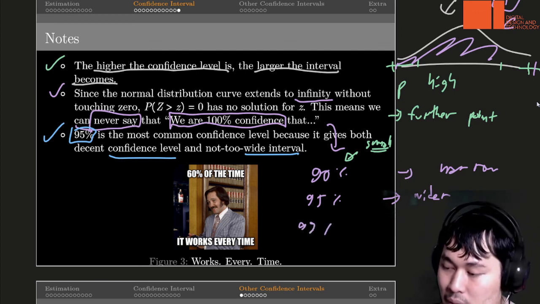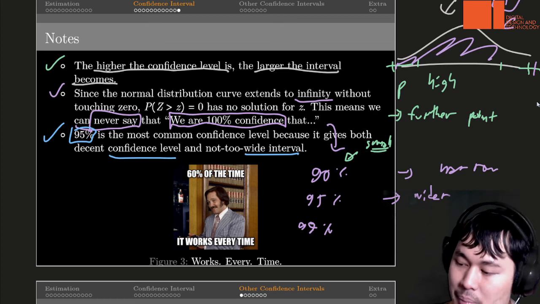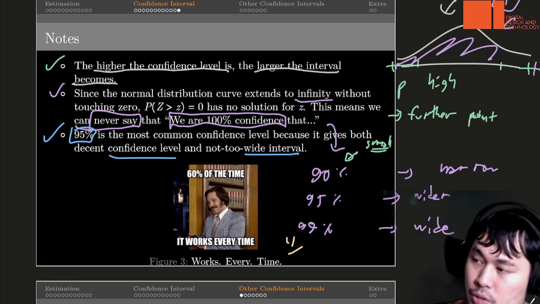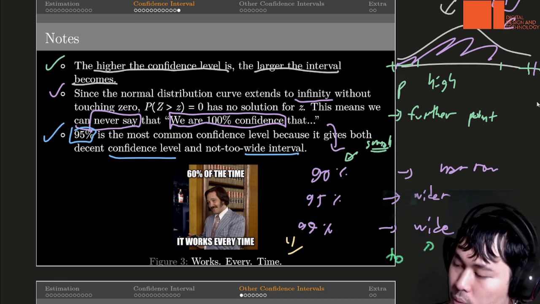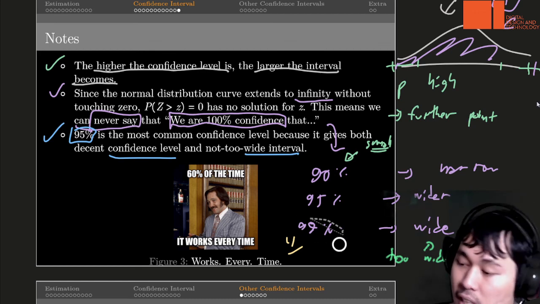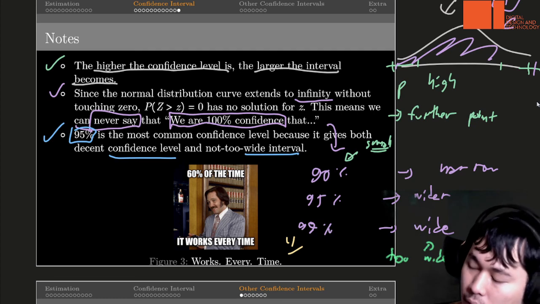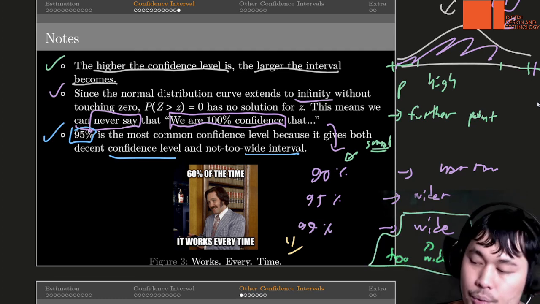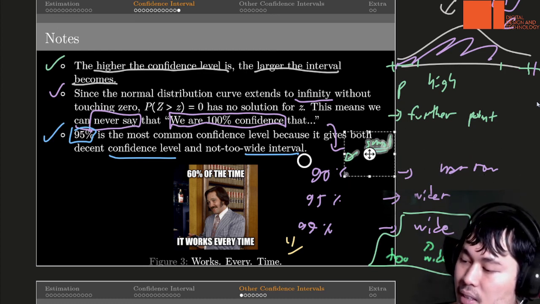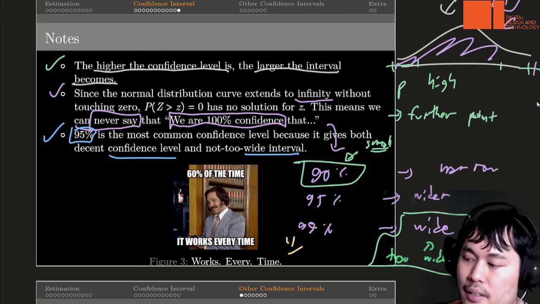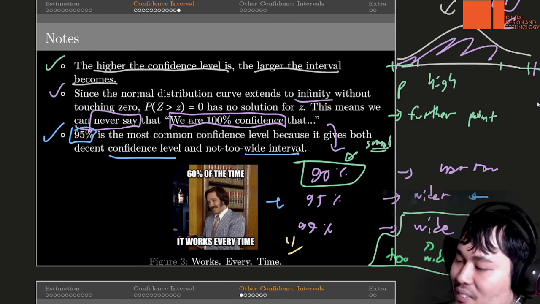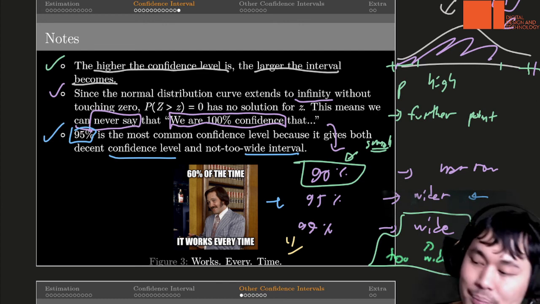But if you increase that to 99%, which is the number that we want, the bad news, or the trade-off, is that you get an interval that is too wide to be useful. But a 90% confidence interval gives a narrow one, but the chance to be incorrect is high. And so 95% seems like a striking balance. Again, it is subjective.